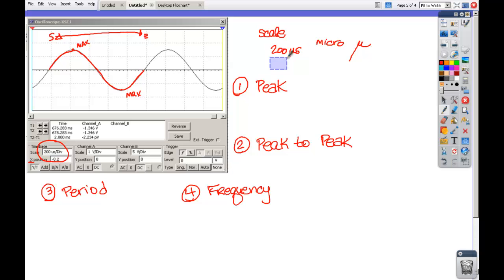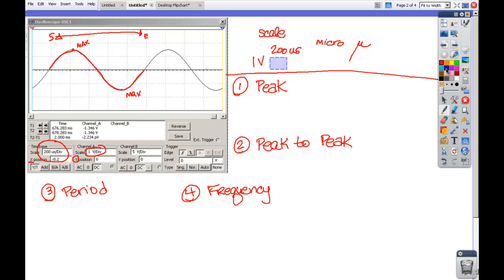So most of the time, if you see something that's typed, you'll see it written as a u. So in the x direction, it's going to be 200 microseconds, and in the y direction, it's going to be 1 volt per division. So that's now my scale.